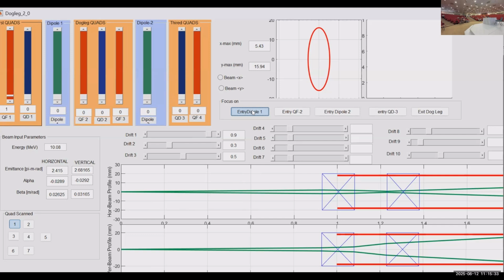The moment I changed it, the beam spot changed into an ellipse. This is the beam spot in real space. So it's basically the projection of the beta function on the axis. We'll talk about this in detail when we come to a particular case of FELs.